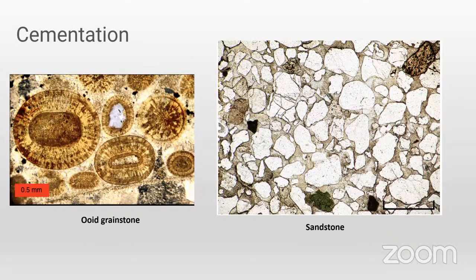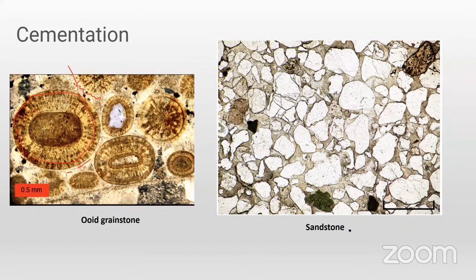Most of the time, because these ooids are created in high energy environments, we should expect high porosity. But because of the cementation in this part, the porosity reduces, so we have low porosity for this sandstone.